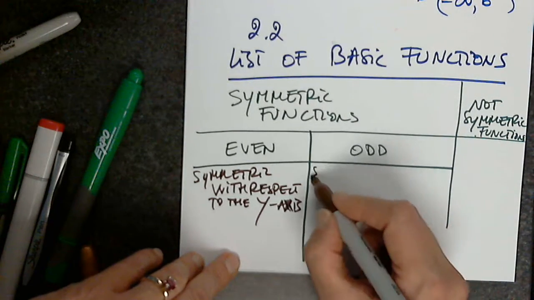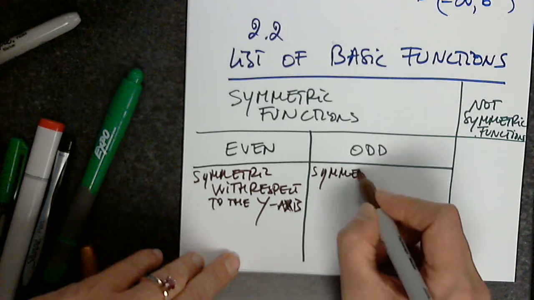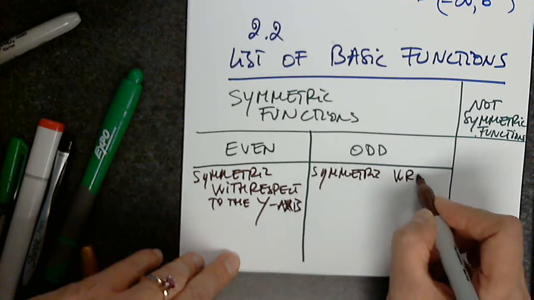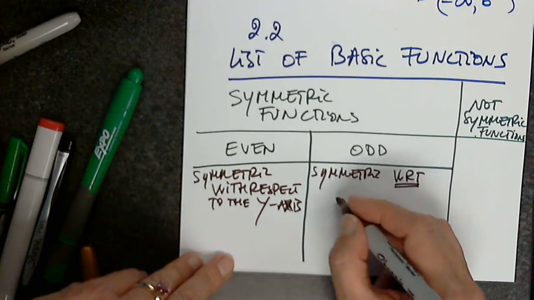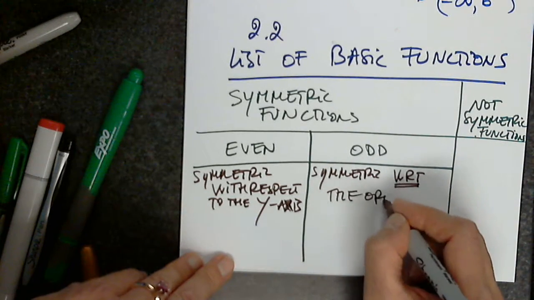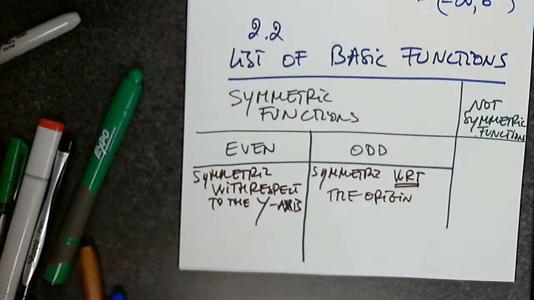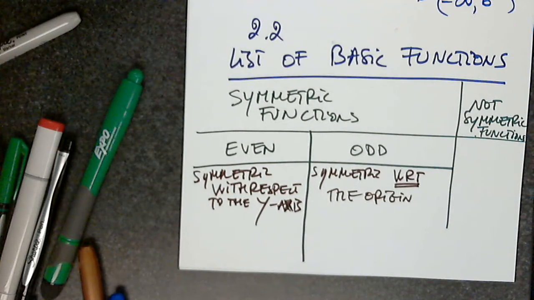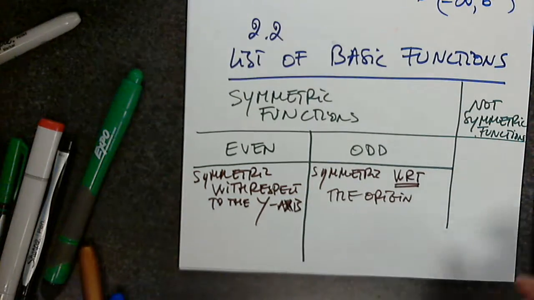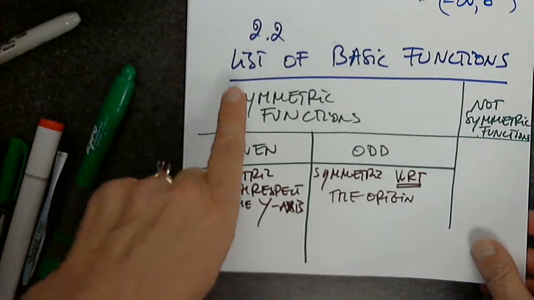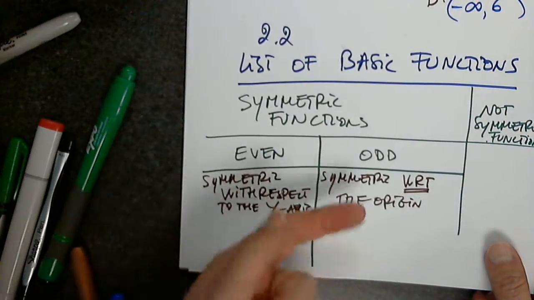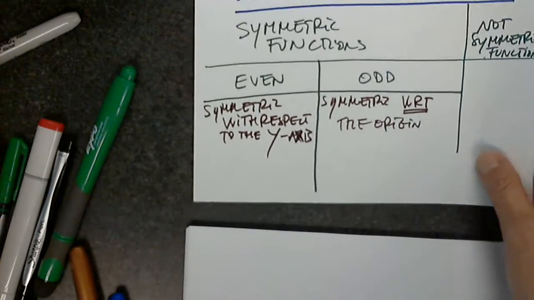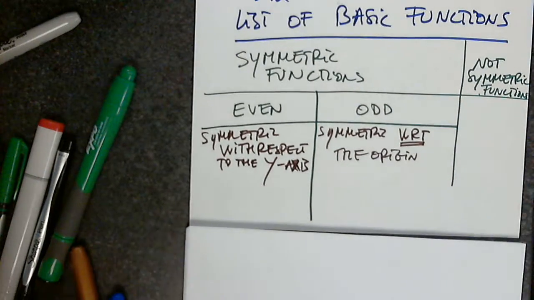Odd functions are symmetric with respect to the origin of the Cartesian system, (0, 0). And I would like to analyze both, because when we list them, I will also ask you if those functions are even or odd. Ready?